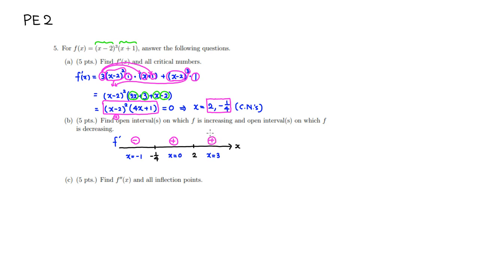So we know that the original function has a negative first derivative, so it's decreasing. A positive first derivative, increasing here. A positive first derivative, increasing here. So therefore, f is increasing, and we're going to give an open interval.